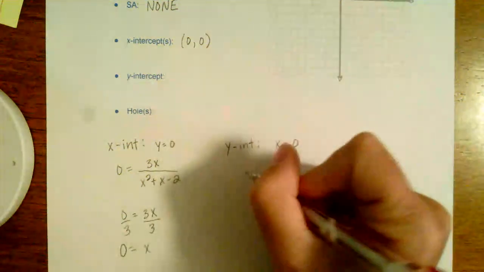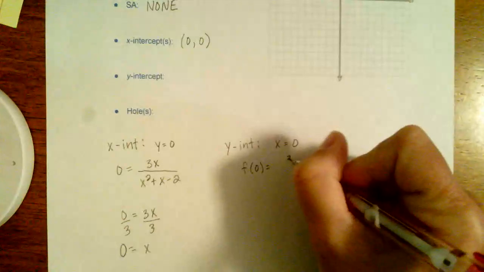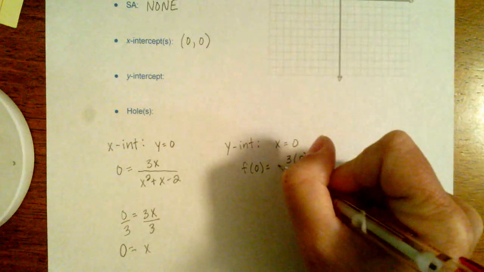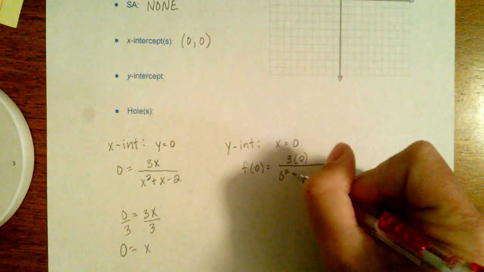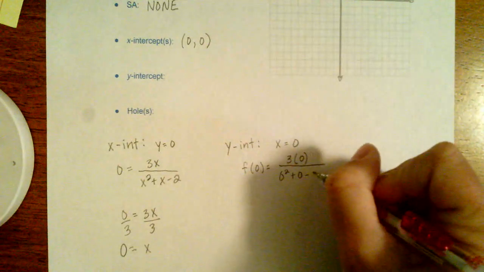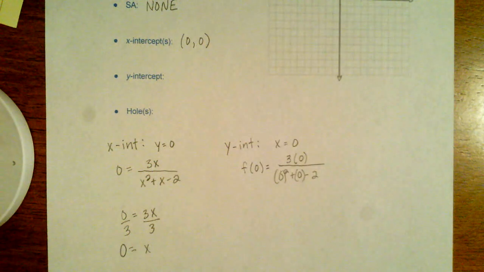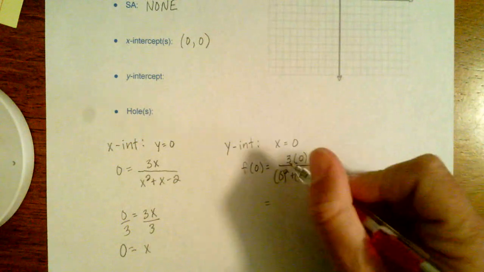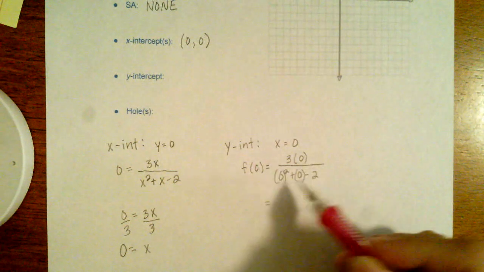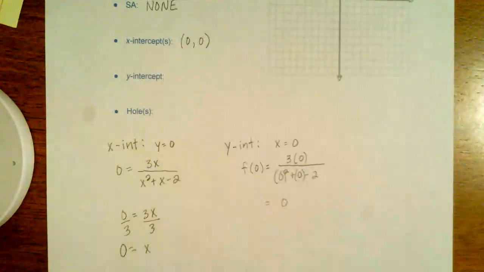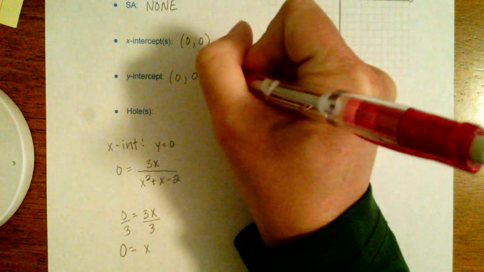So when I'm finding f of 0, which is 3 times 0 over 0 squared plus 0 minus 2, I can see I get 3 times 0, which is 0. 0 over any number is going to be 0. So my y-intercept is the same as my x-intercept at 0, 0.